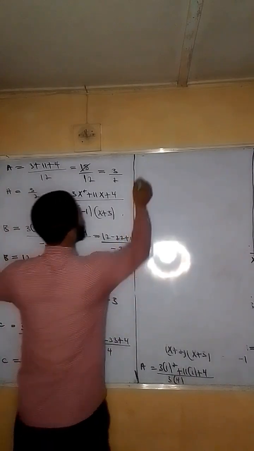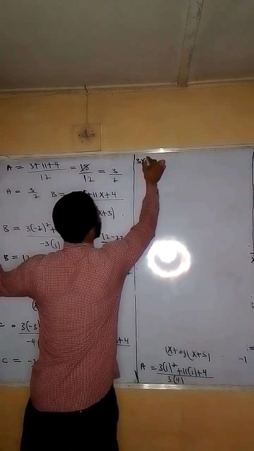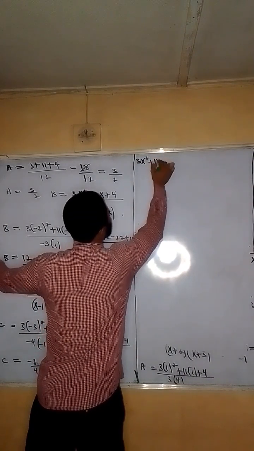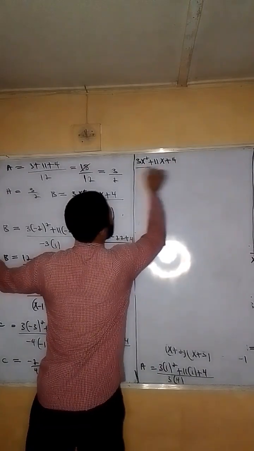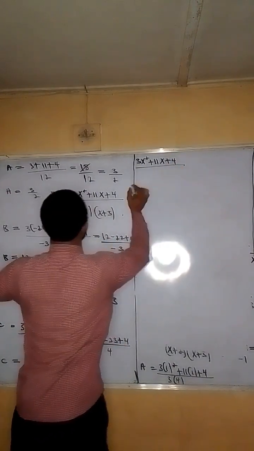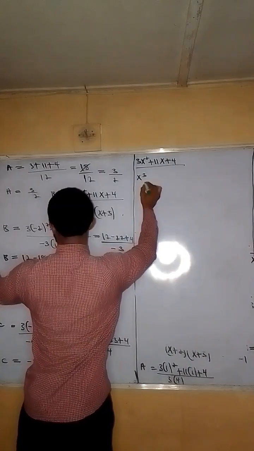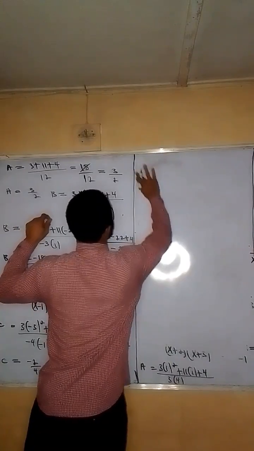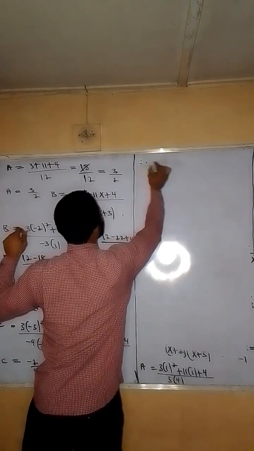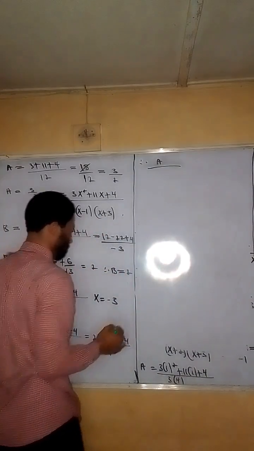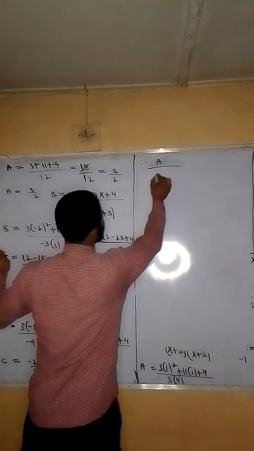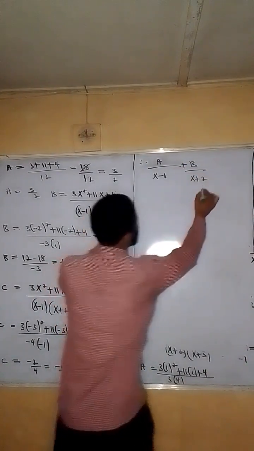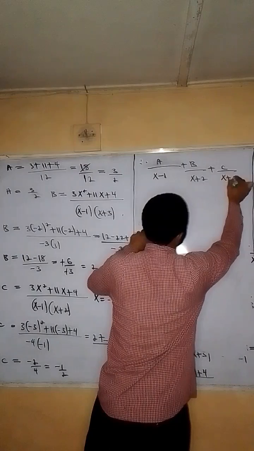So the partial fraction we are looking for, therefore, 3s squared plus 11s plus 4 all over s cube, is A over s minus 1 plus B over s plus 2 plus C over s plus 3.